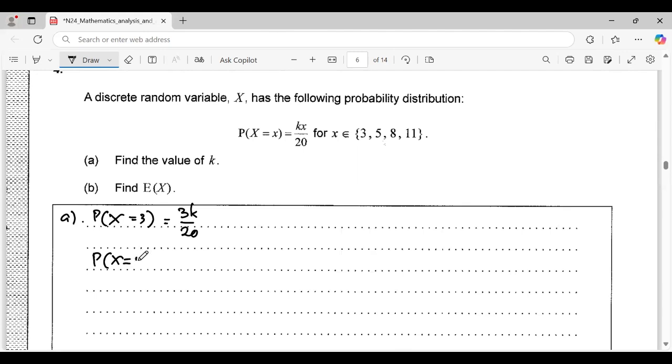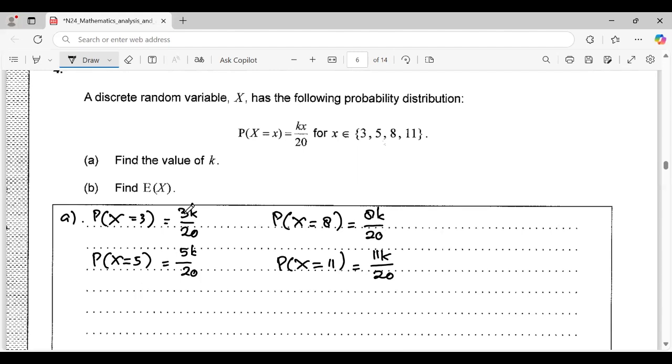If X equals 5, the probability is 5k over 20. If X equals 8, it is 8k over 20. If X equals 11, it is 11k over 20.